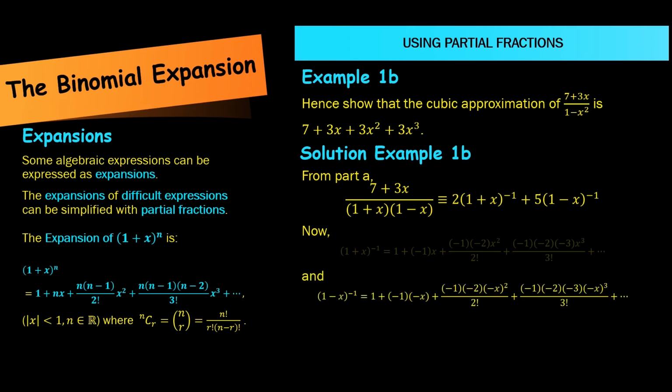For the second pair of brackets, n is equal to -1 again, so we plug in n equals -1 here, here, and here.